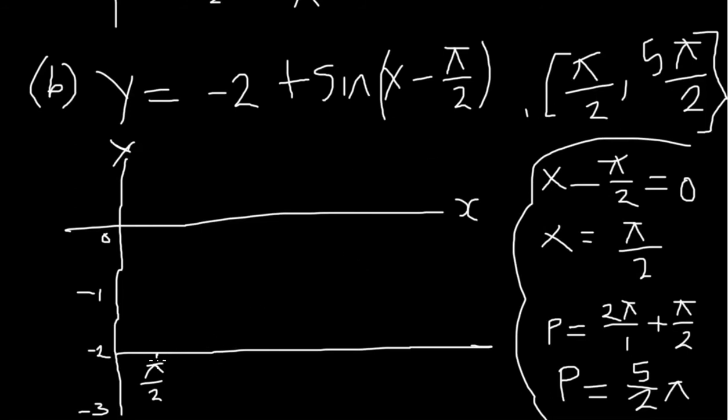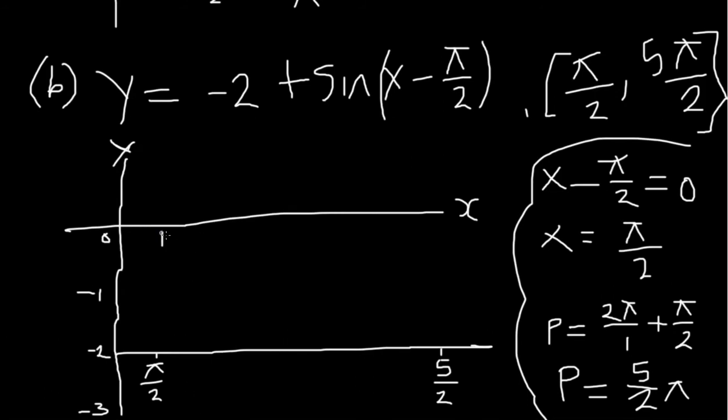So in short, my graph is going to start at pi over 2 and end at 5 pi over 2. So I'll put my 5 pi over 2 there, like that. Actually, these numbers are supposed to be put there.